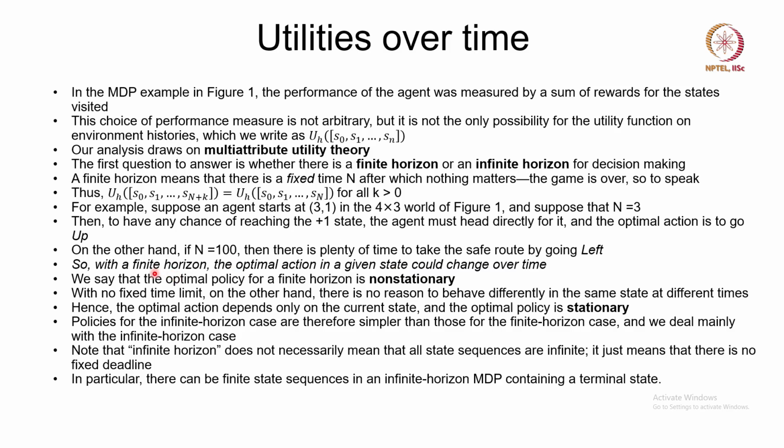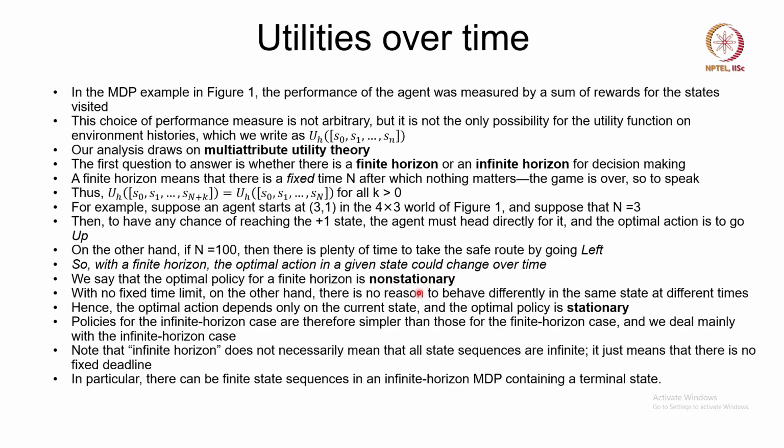If it is infinite, then you take the same action from every state to go to the next state. Whereas if it is finite, the optimal action would change over time. As you come closer to the ending time, it would be what is called non-stationary.